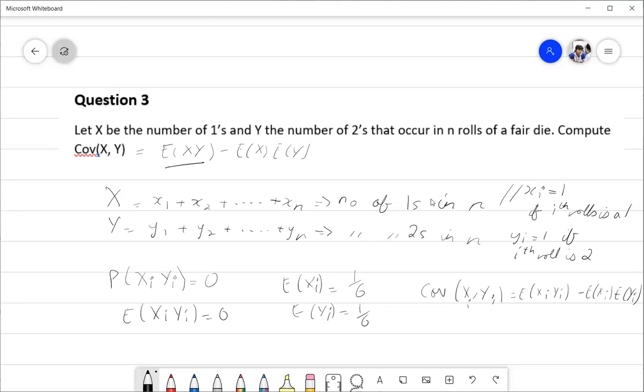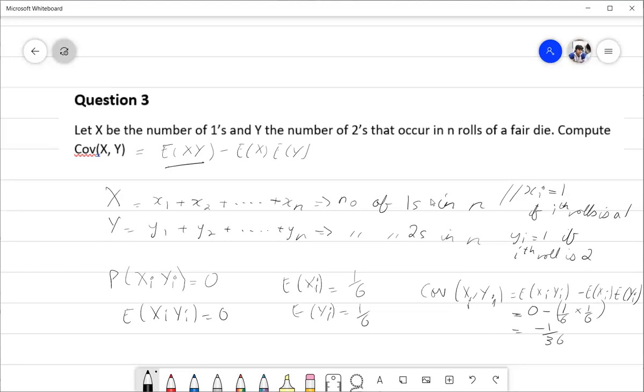Apologies for the lack of space. So I've denoted this as 0. I've already figured that out. This is 1 upon 6 multiplied by 1 upon 6, right? Now, this is minus 1 upon 36, which is the covariance for any particular roll of the die.